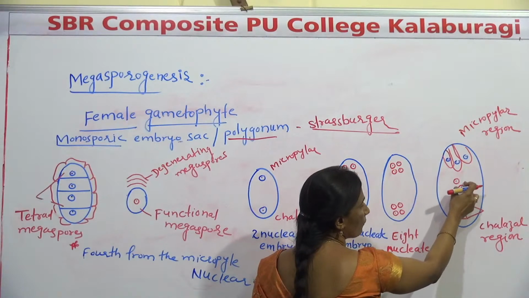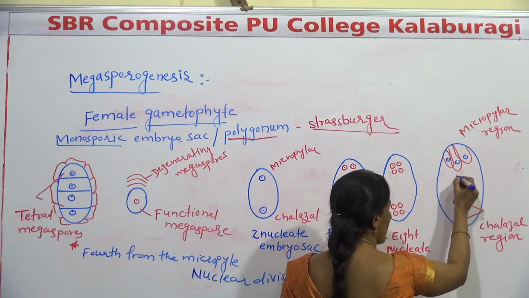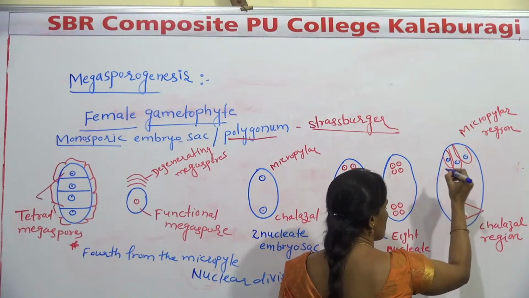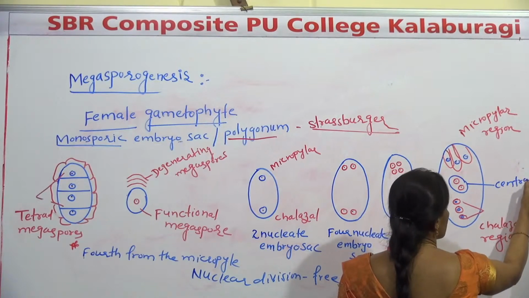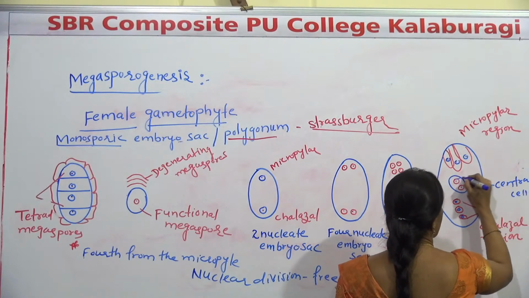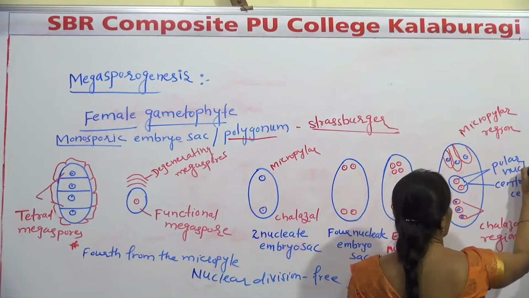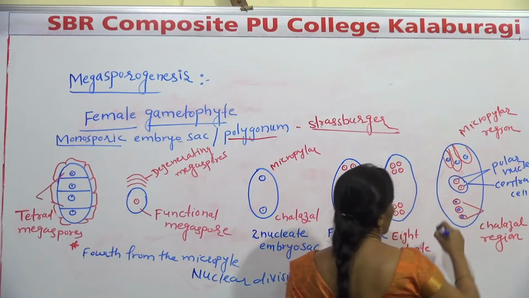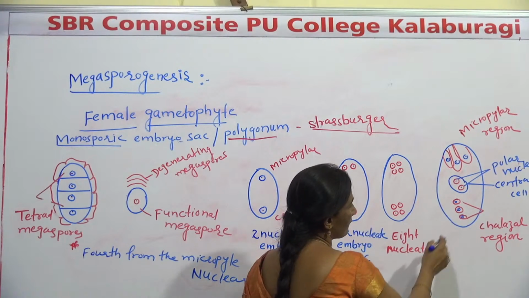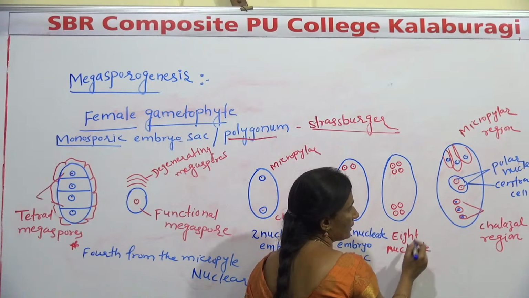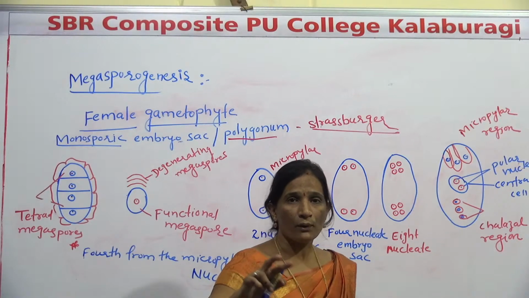These polar nuclei come to the center and are surrounded by the cell wall, and this is called the central cell. Why are they called polar nuclei?